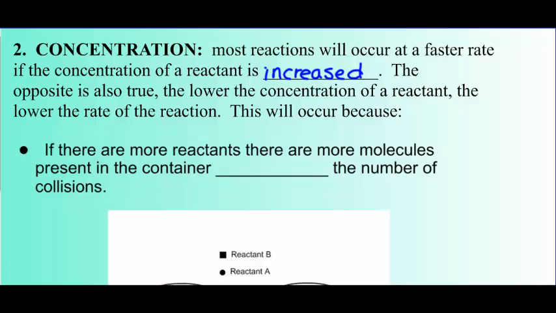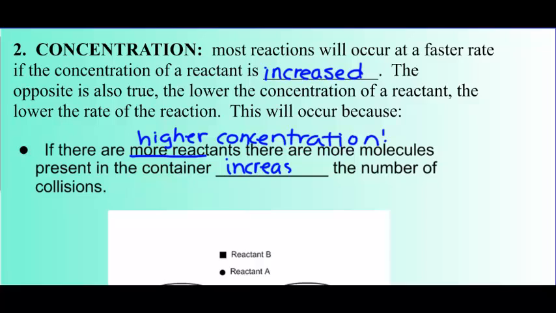And this will occur because if there's more reactants, meaning a higher concentration, there are more molecules present in the container, which will increase the number of collisions. Pretend you're all molecules.